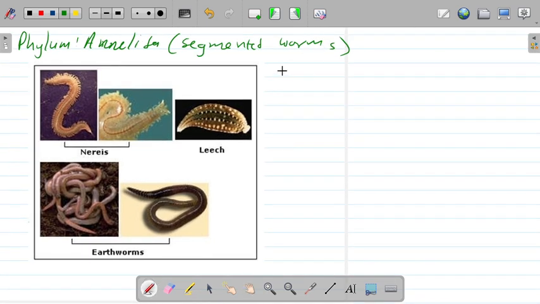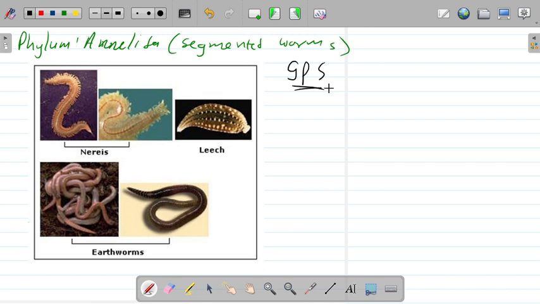Now let's get to the crux of things. Where are they found? This phylum is mostly aquatic and terrestrial. For example, earthworms are terrestrial. They live in damp soils, or in soil basically. If you dig just outside in your garden, you might find earthworms.